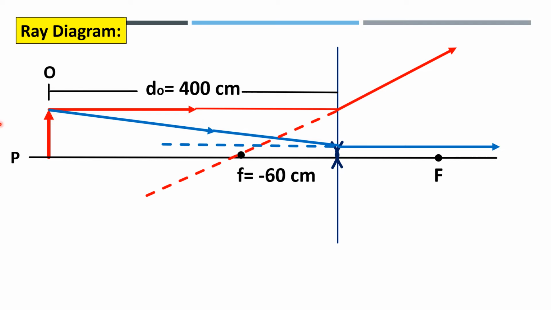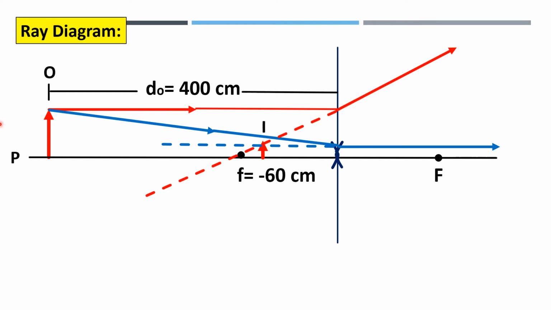And we draw an arrow that represents the image. Notice that the image is smaller in size, and not only that, it is also upright, similar to the original object.